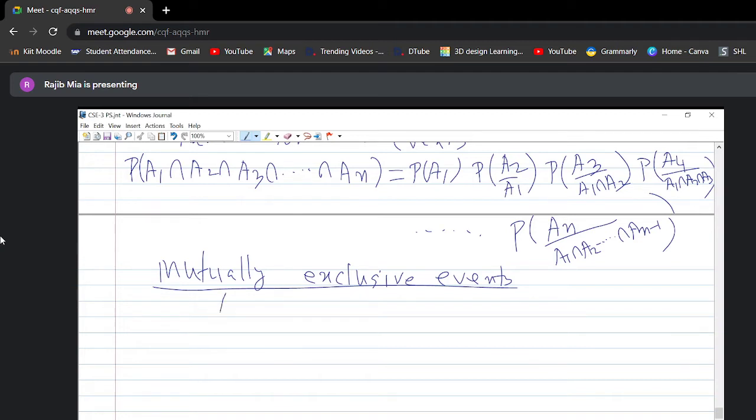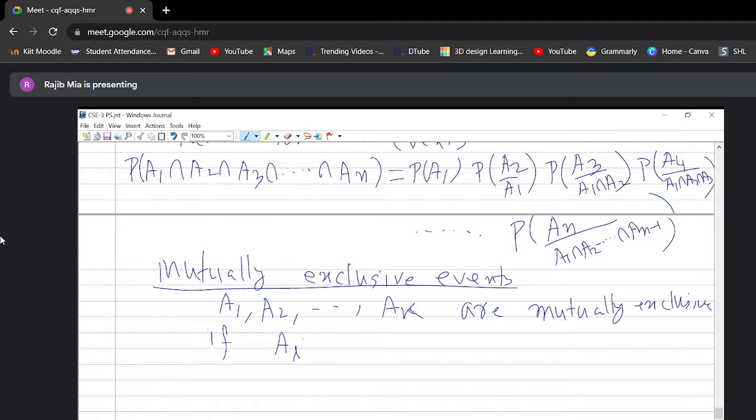Suppose we have k events, A1, A2, up to AK. These are mutually exclusive if, for two events A and B being mutually exclusive, they have no common points.